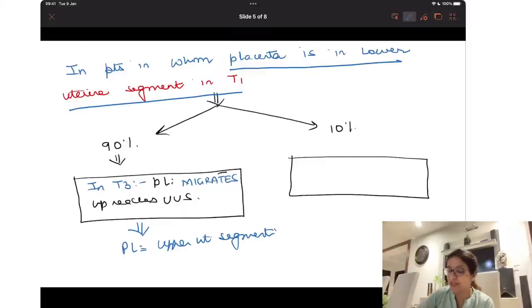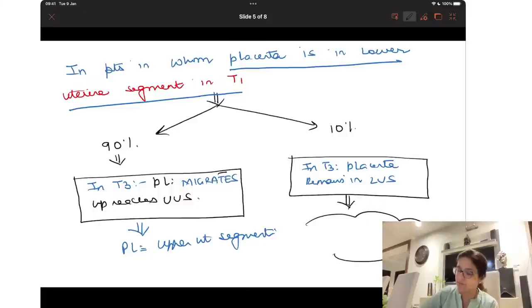In 10% cases in third trimester, placenta remains in lower uterine segment, and ये 10% cases are placenta previa के patients. In these cases, placenta previa is confirmed.